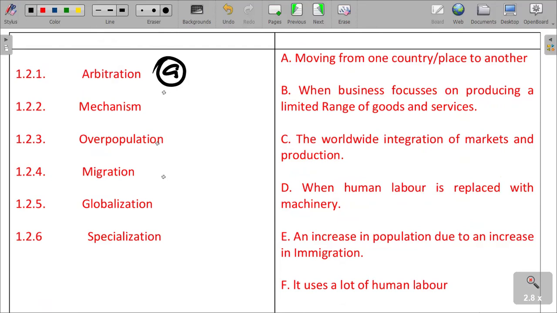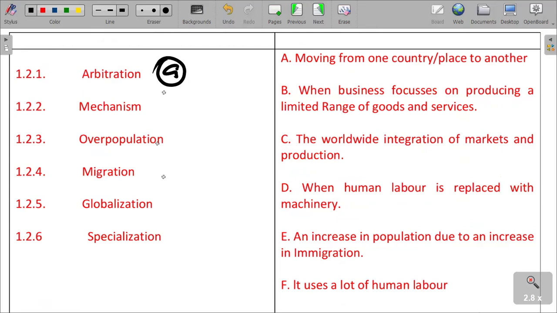And then mechanism. What is mechanism? It is a word derived from machinery.